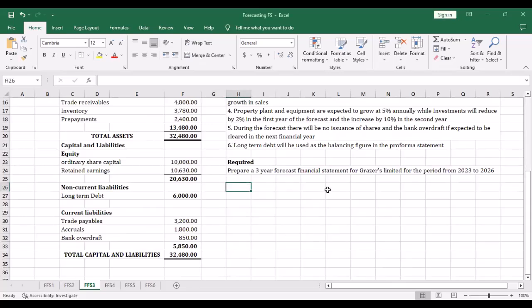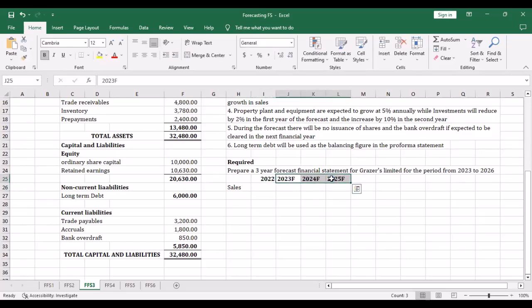So we have our sales. We've been given the sales of 2022. So 2023 is a forecast; you can write 2023 F, 2024 forecast, 2025 also forecast, just to show that these ones are forecasts.